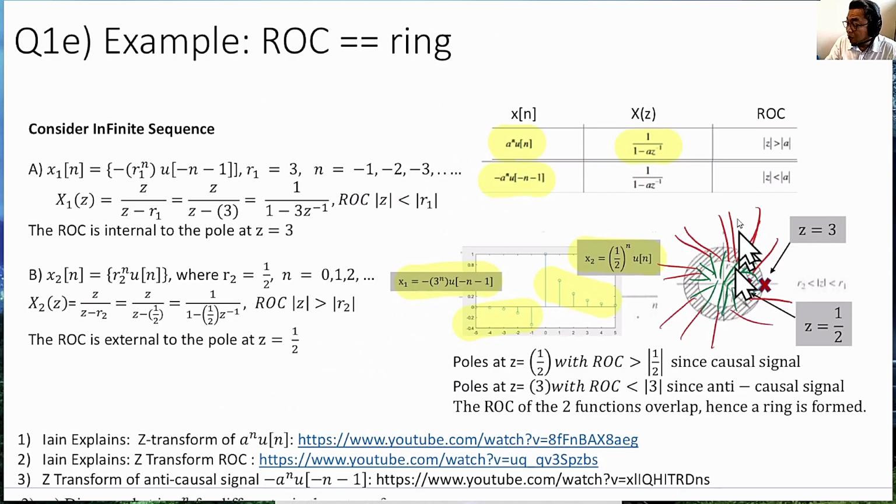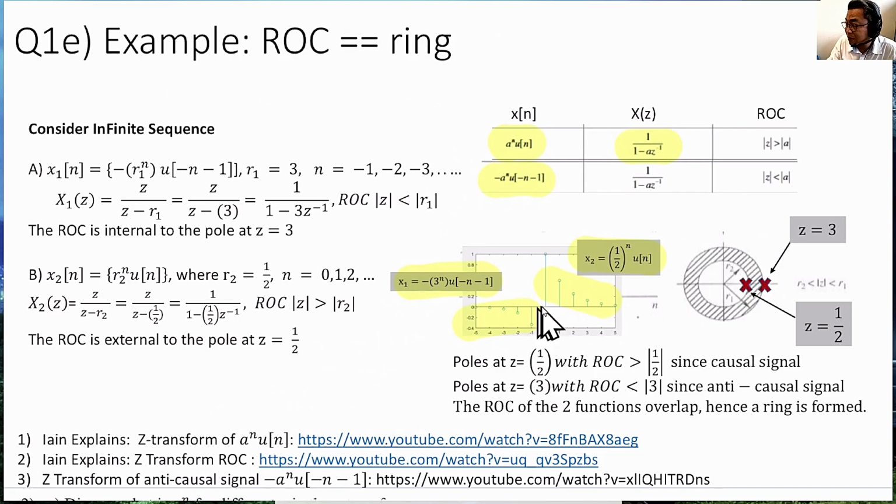It is the overlap between the red and green that is the final ROC, and hence the final ROC is only this annular ring.